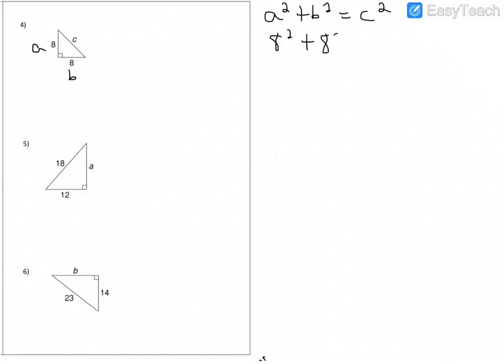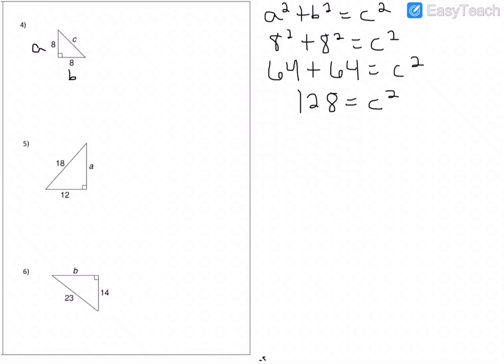So 8 squared plus 8 squared equals C squared. 64 plus 64 equals C squared. 64 plus 64 is 128. And if I take my square root of both sides, the square root of 128 is not a perfect square. So my answer will remain the square root of 128.